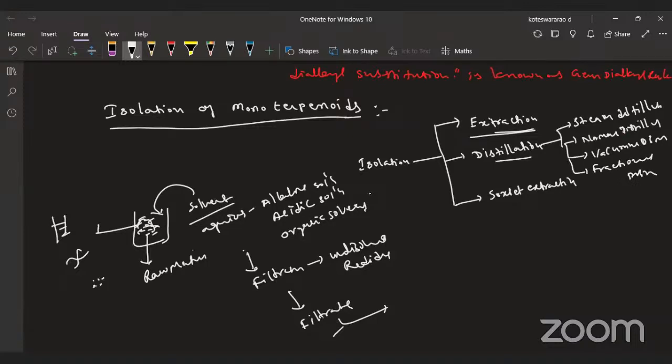There are several types of distillation methods. In steam distillation, first take the raw material.